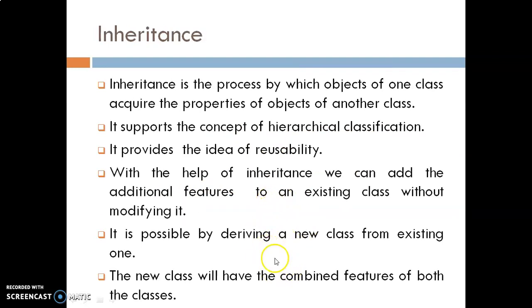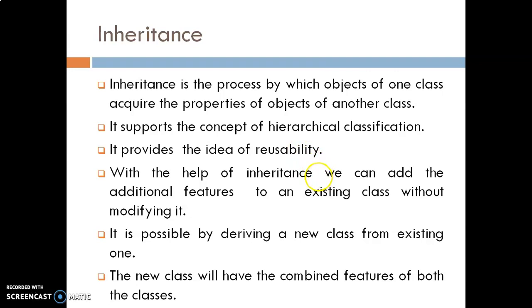Inheritance. Nothing new about inheritance; you all know it. It is the process by which objects of one class acquire the properties of objects of another class. It provides the idea of reusability. By using inheritance, you can reuse the features, that is functions as well as variables. It is just like a legacy that is transferred from one generation to another. You can add your own features also.